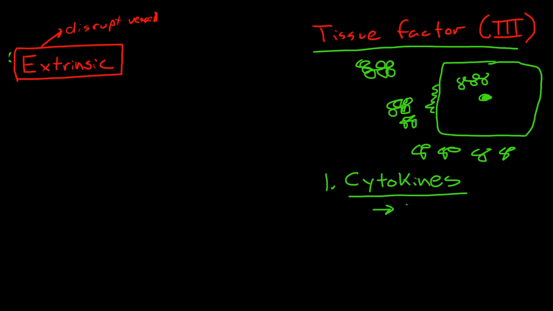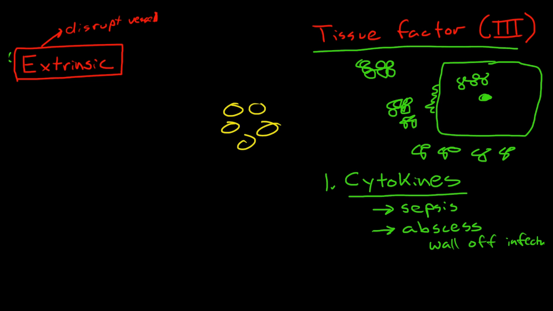This is an important component to realize in sepsis, and it's what allows our body to create abscesses to sort of wall off infections. If you have a group of cells that are infected with bacteria, the fibrin will actually cause the area to be walled off over time, and you'll end up with an abscess.